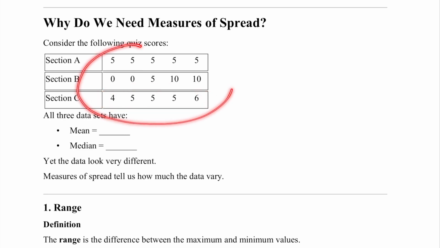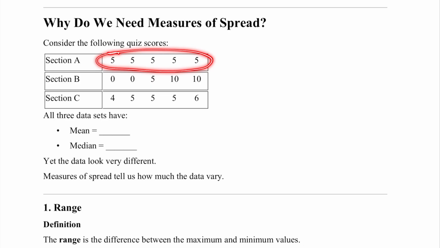Let's compare these groups. First, let's look at the mean. For section A, the mean score is 5. For section B, the mean score is also 5. For section C, the mean score is also 5. All three groups have the same mean.